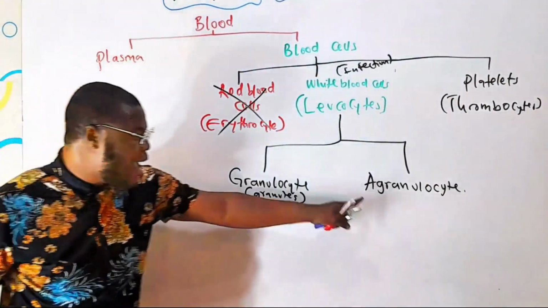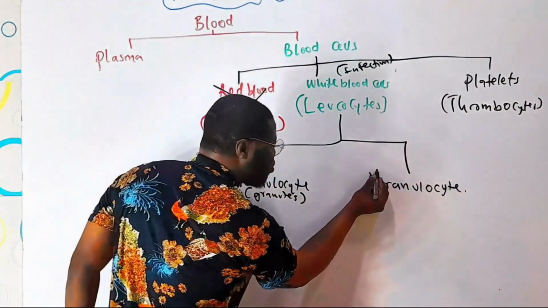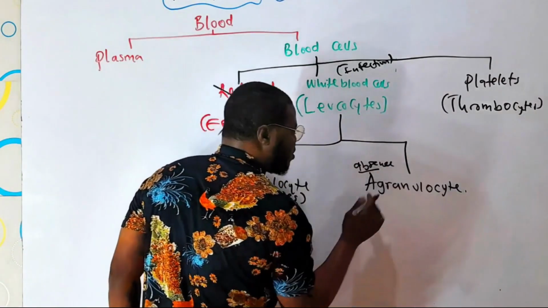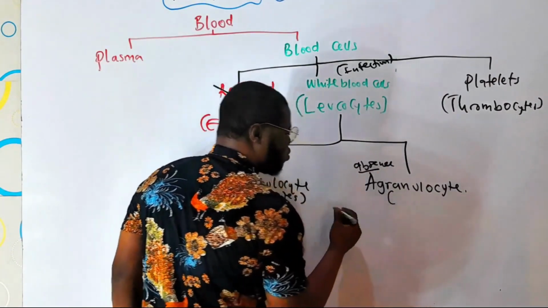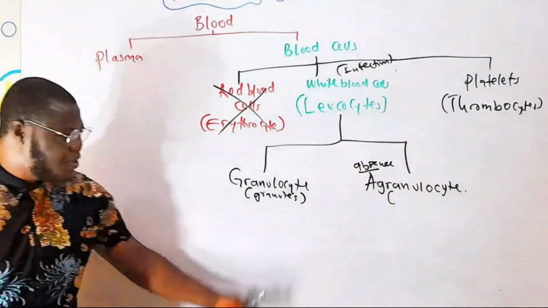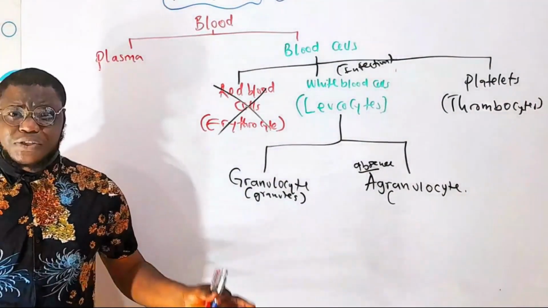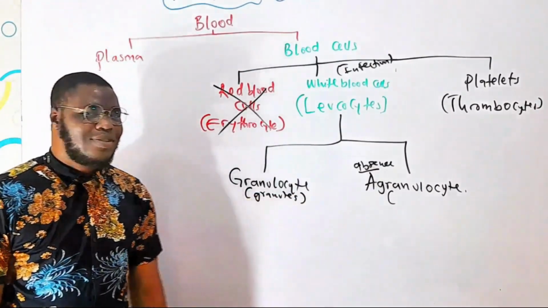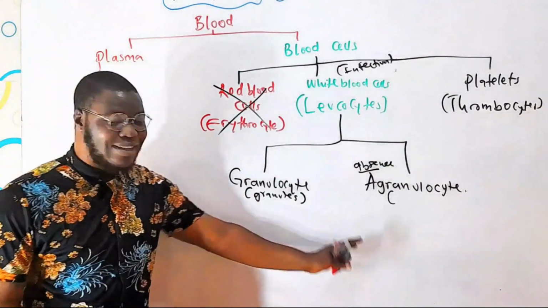But when they say agranulocyte, A actually means absence, so it means they do not have granules. But do not write that. It's a lie. They just give us that to understand it literally. So if that be the case, what does a granulocyte mean? That's an assignment for you, so find that out yourself.